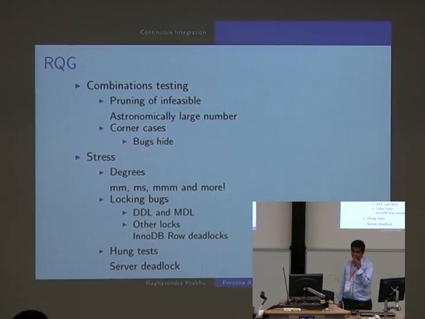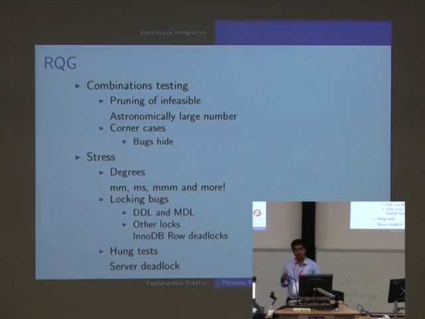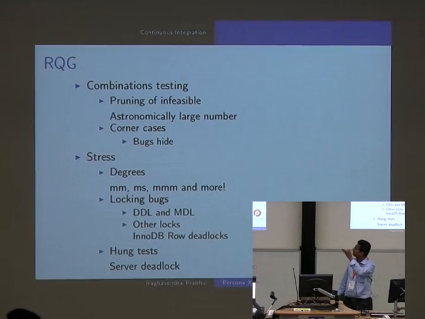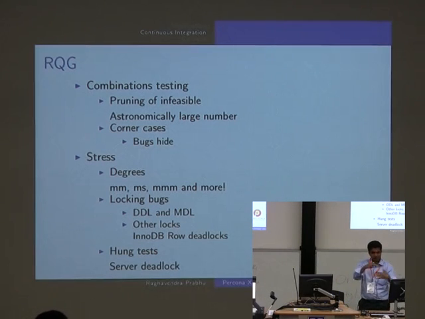So many times you would like to test all the combinations. There are many combinations which won't be tested by regular user usage. So those things are often the sources of bugs, and you don't want to wait till the user reports them. So this is what helps in combination testing, where you can test different combinations.